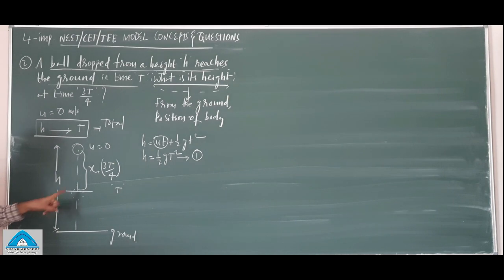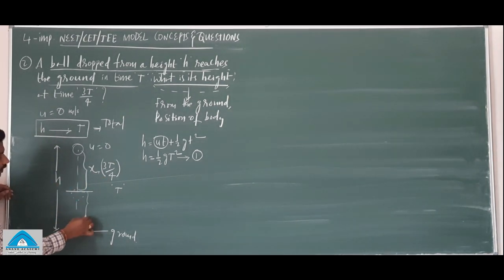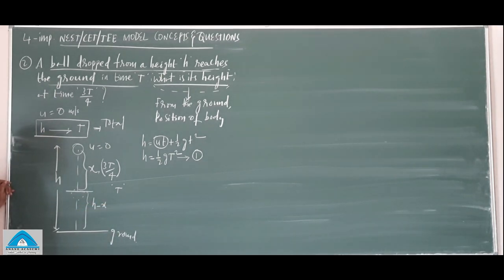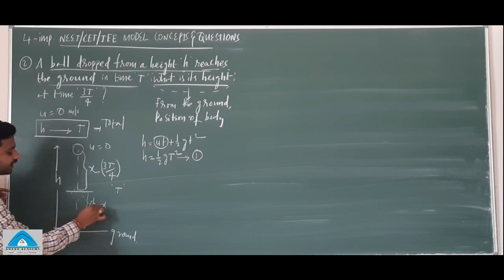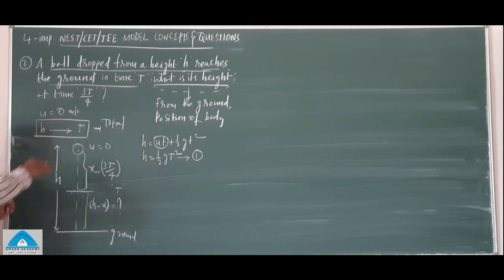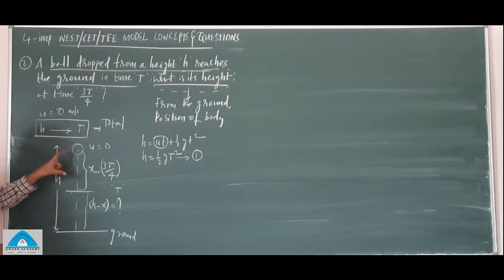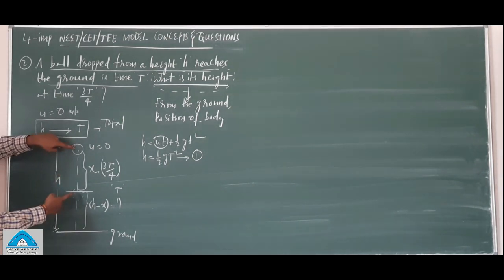What's the question? What is the height of it from the ground after this time? Is it small h minus x? This is small h and this is x. This is what the question is asking us. Clear? Let's find this part.